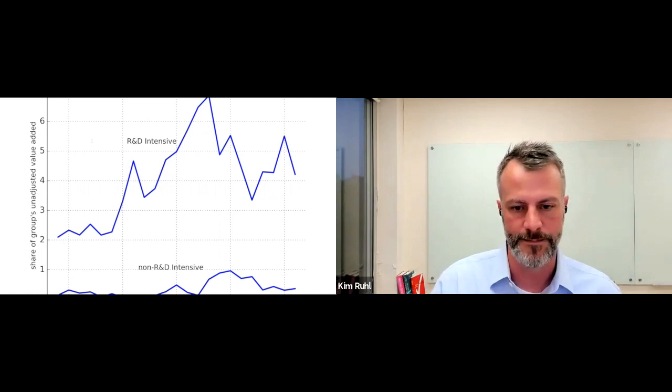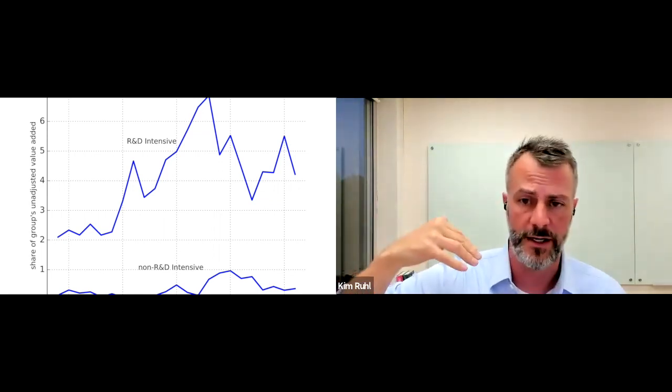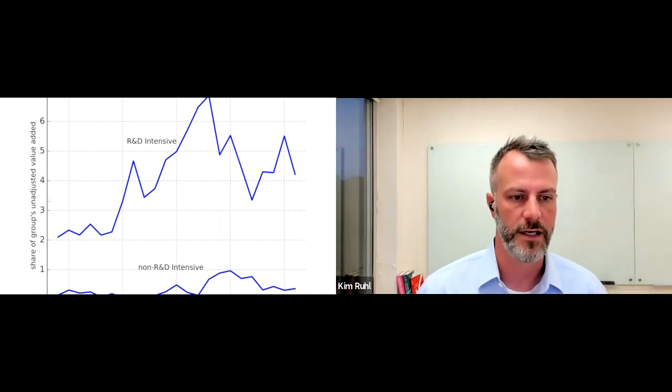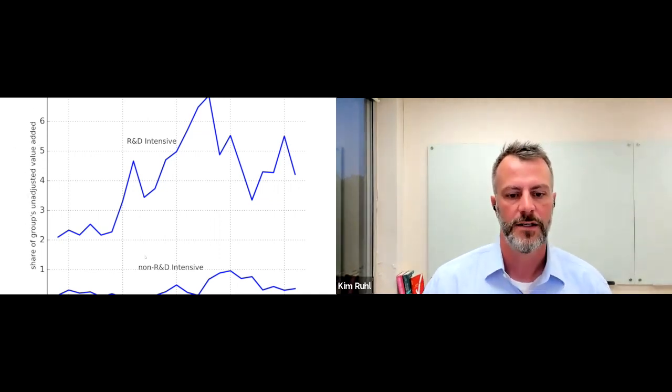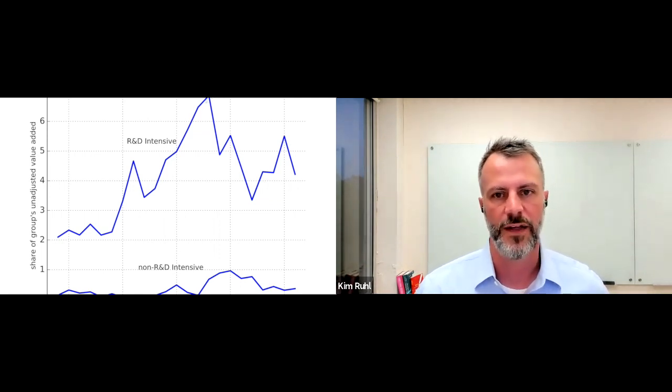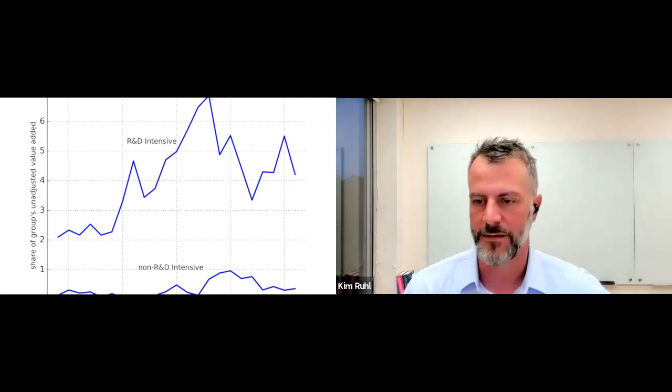And now this is the result of that. So this is the adjustment, right? This is how much income we are reattributing to these sectors. And I'm doing this as a share of the sector's value added to give you some scale. For the R&D intensive industries, we see that this reaches its peak in 2008 at almost 7% of industry value added.